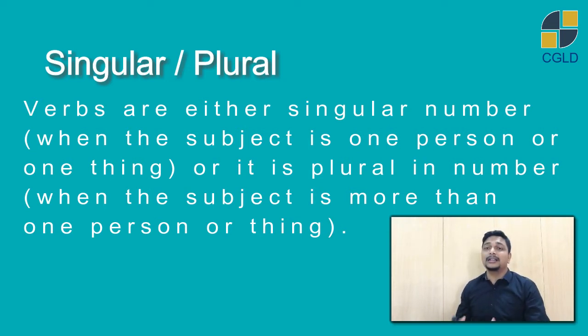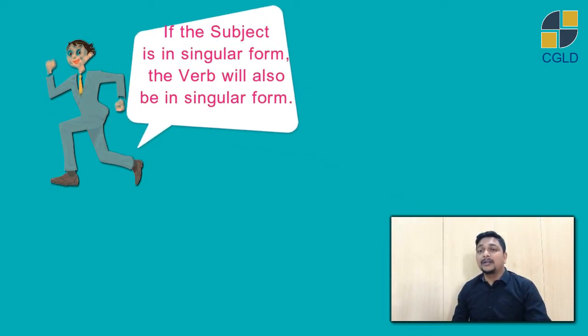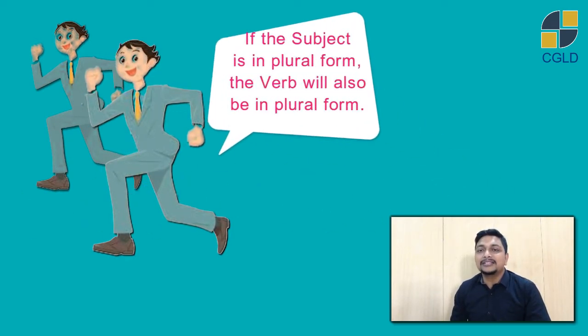Now, you need to understand that in any given context, when you find a sentence, if the subject is in singular number, the verb will also be in singular number. If the subject is in plural number, the verb will also agree with the subject in its plural form.